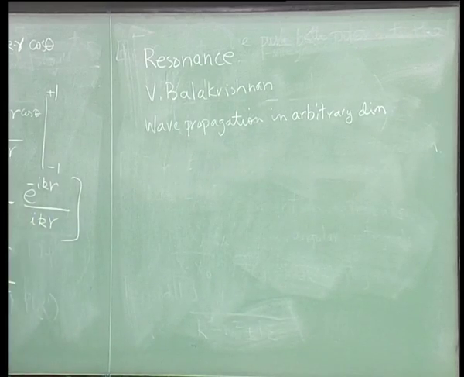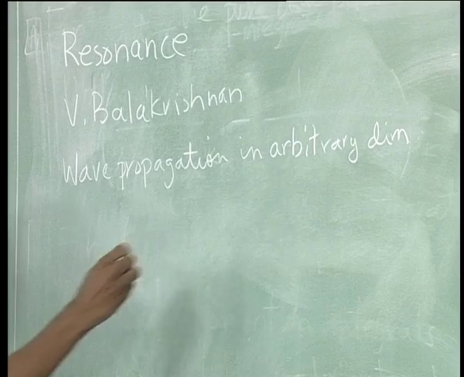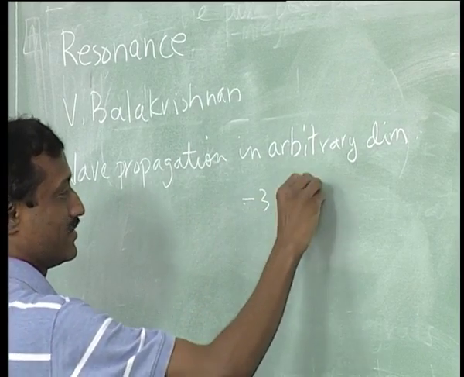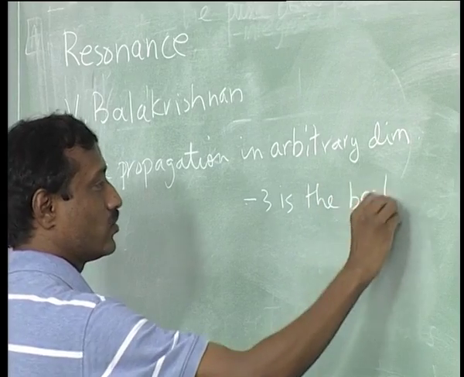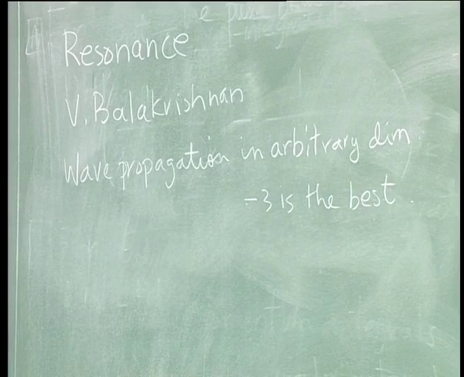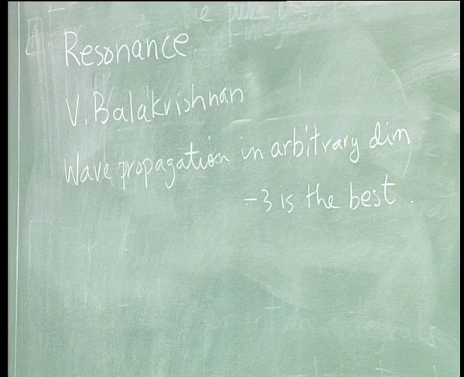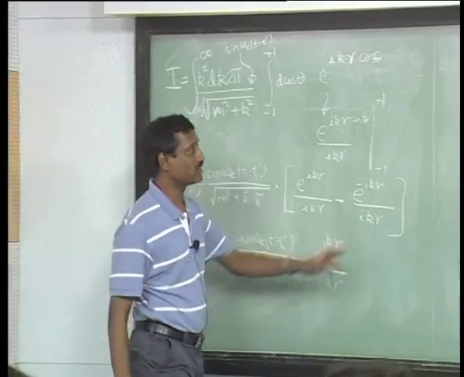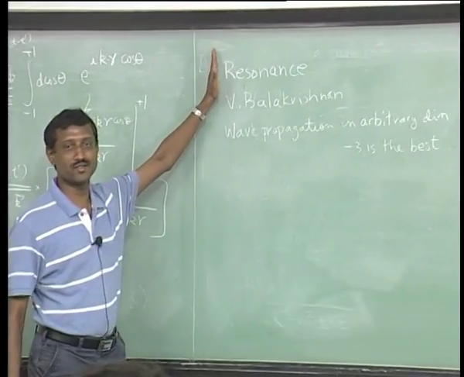I will put up the exact reference on the course web page. It is a two part thing, and there is something about 3 is the best. He actually discusses things in arbitrary dimensions. I do not want to do that, because I just want to work out one example. But it is a fun series of articles.